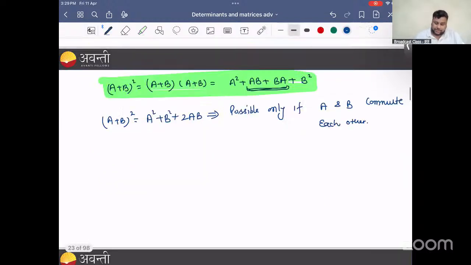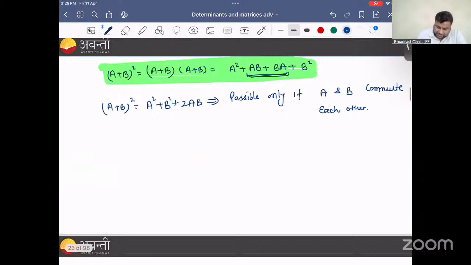All right. Now, similarly, if you do (a minus b) whole square, it will be a square minus ab minus ba plus b square.